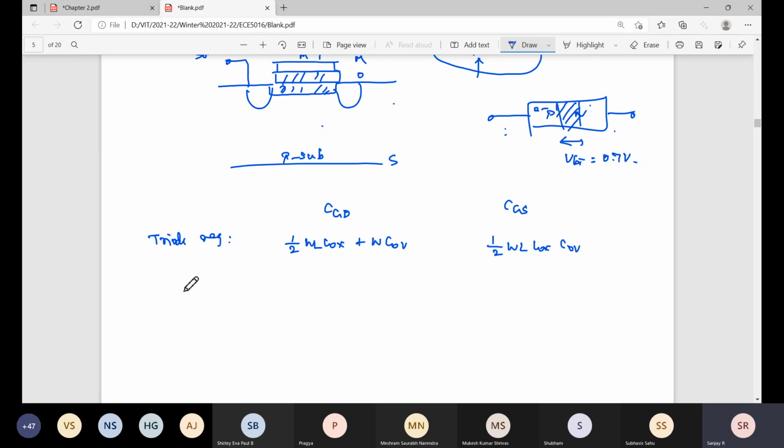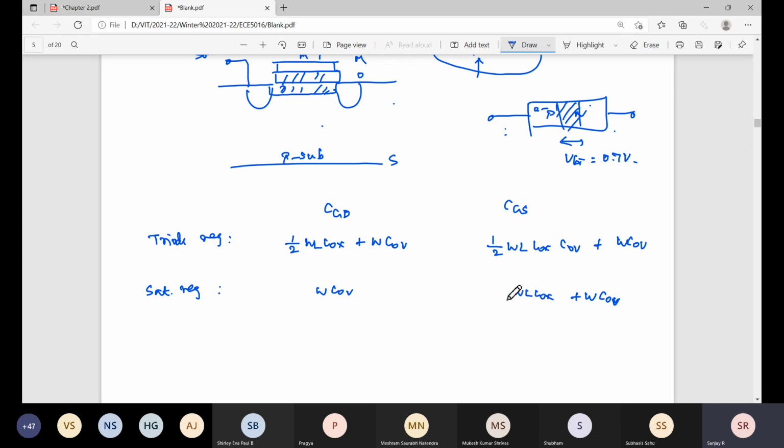So now I am coming to the saturation region. In the saturation region, due to pinch off at the drain terminal, no charge, no capacitance. So what can I write here? WCov, only that. What about CGS? Both have WCov, but some WLCox term, not fully.